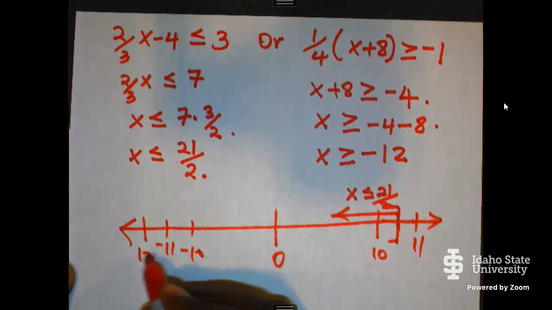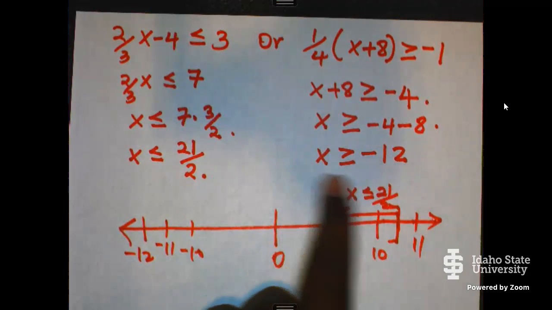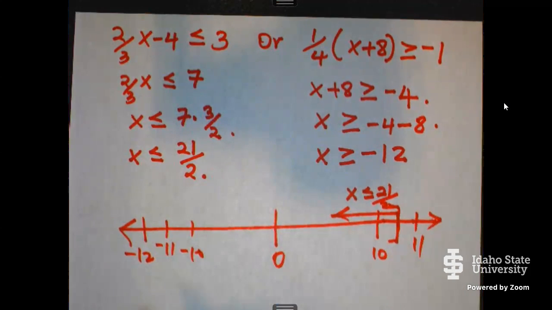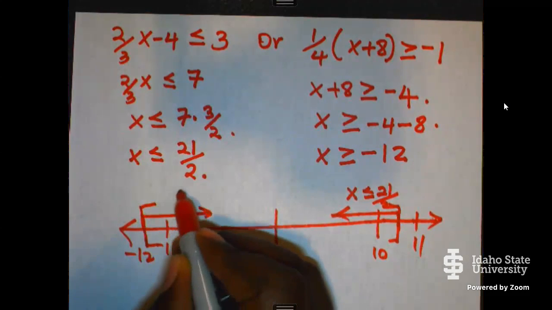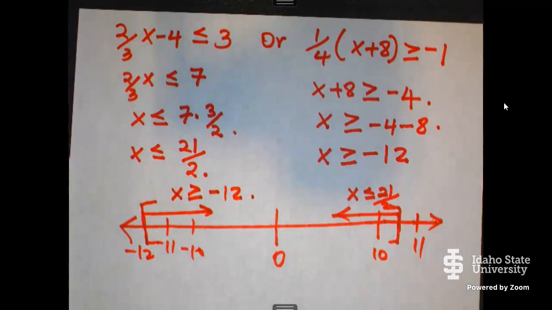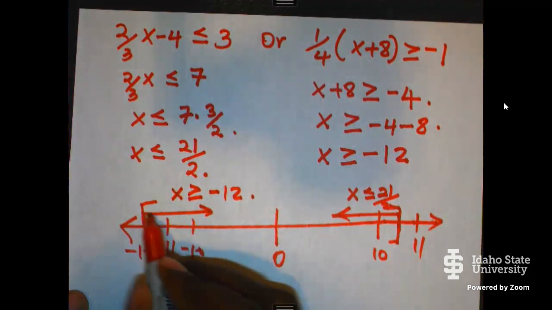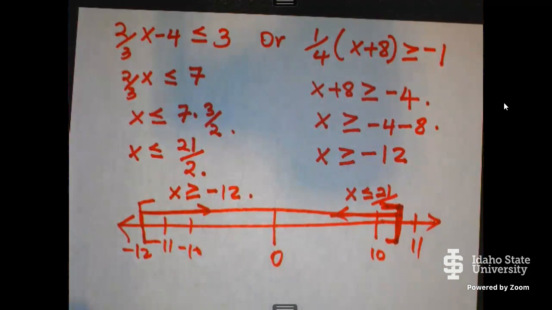This is minus, minus, minus. So minus 12, x is greater than or equal to minus 12. So this is like that. Here, this one is now clear. This is our region, up to that point.